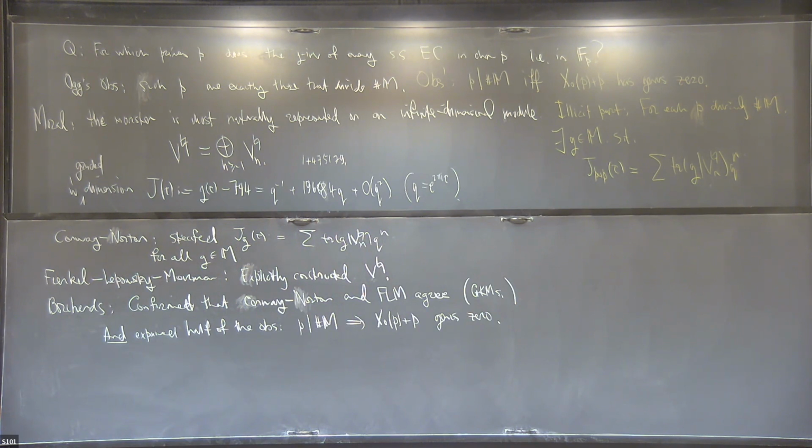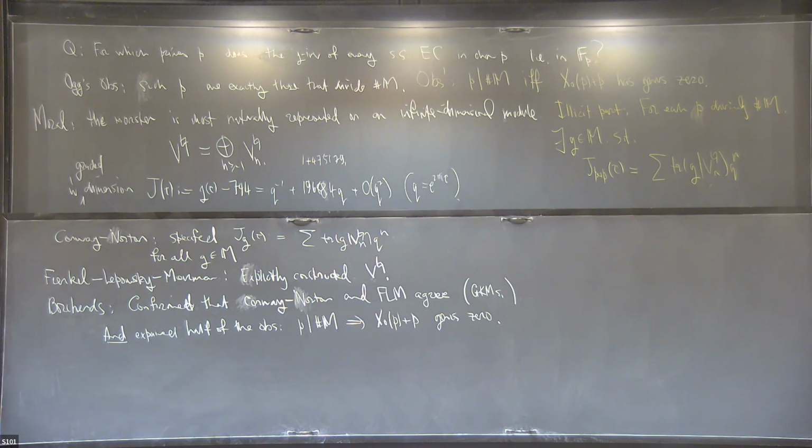In other words, we still don't know how to get from an X naught P plus P that happens to have genus 0 to a symmetry of V natural, to an automorphism of V natural. That still feels like it's a long way off.